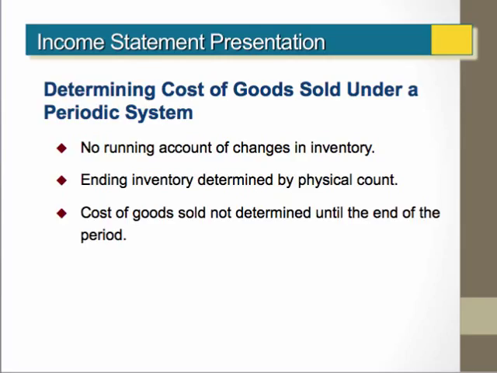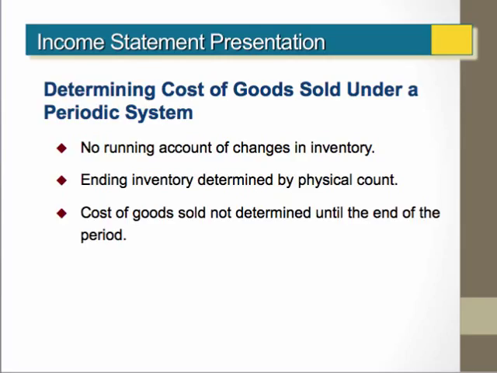Now, if you're not using the perpetual inventory system, you need to be able to compute cost of goods sold using the periodic system. In the periodic system, we do not make the journal entry to record cost of goods sold until the end of the period.